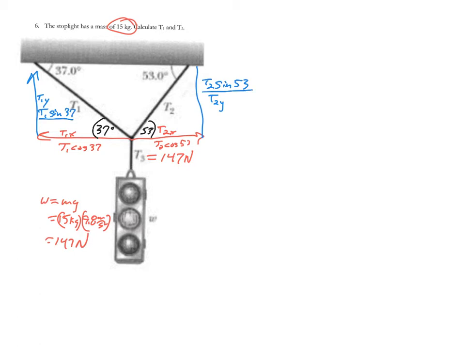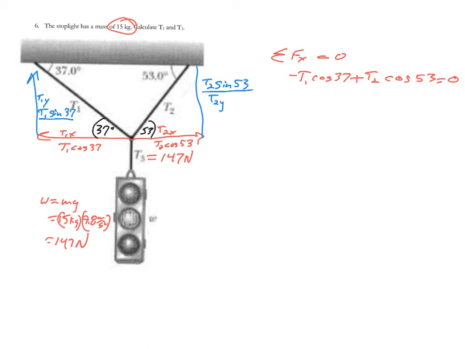Okay? I just labeled them T1, T2, just to let you know what they were. Now we can go to sum of the forces in the x direction equals 0. I have a negative T1 cosine of 37 plus a T2 cosine of 53, and that equals 0.